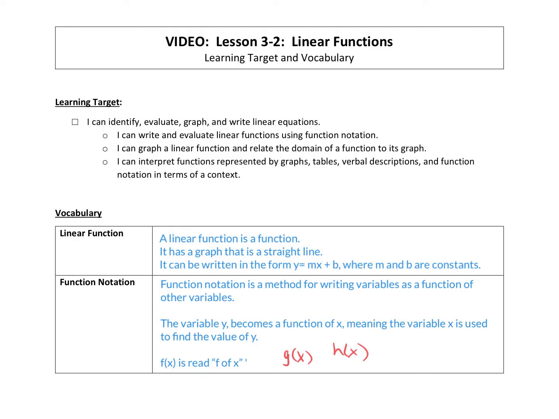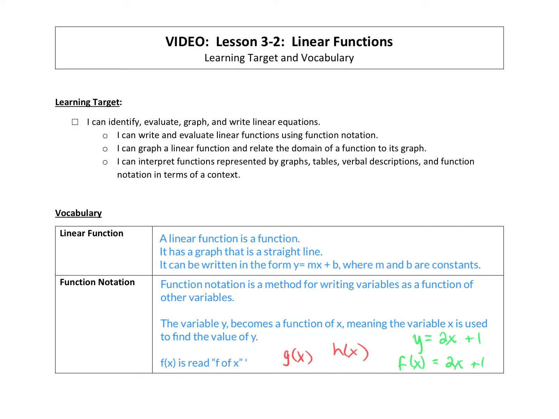And let's just make a note that you could have a linear function, y equals 2x plus 1. There's that slope-intercept form. You also could write it as f of x equals 2x plus 1. So what we notice is the y equals is the same thing as the f of x equals.